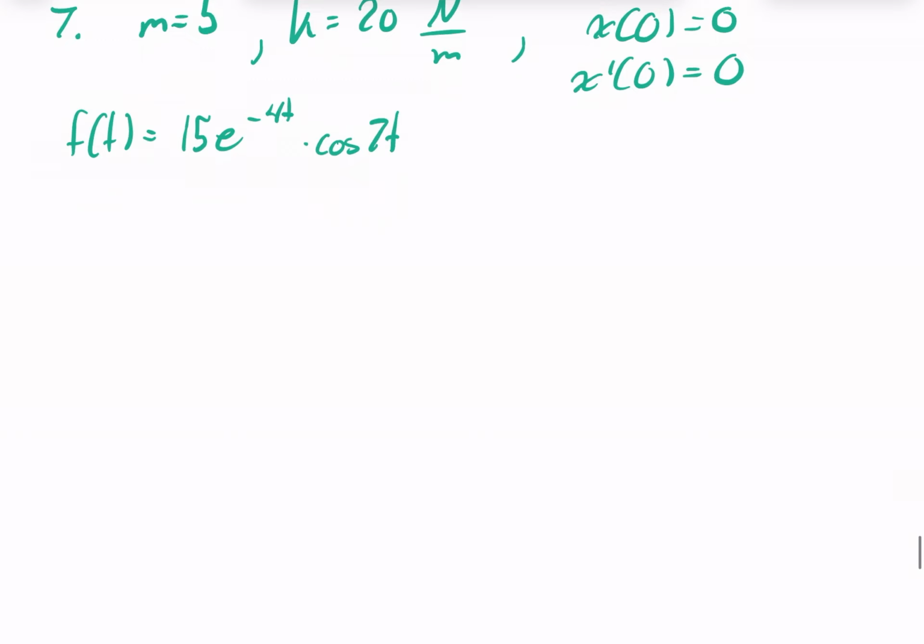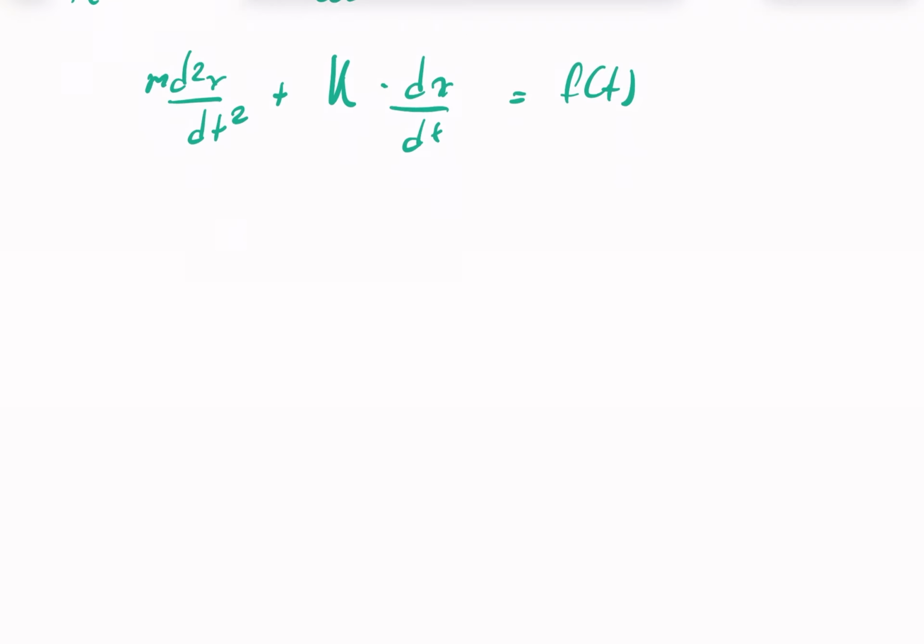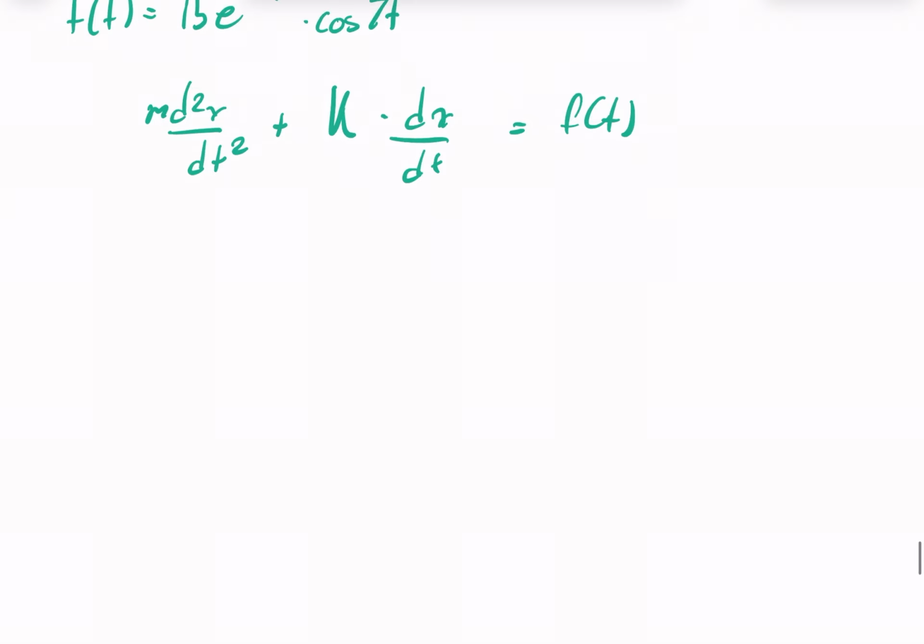And so we construct our equation. You can write it like this: m d2x over dt squared plus k times dx by dt equals f at t. You can write it like this for sure. I'm going to sub in and write it how I like to write it.